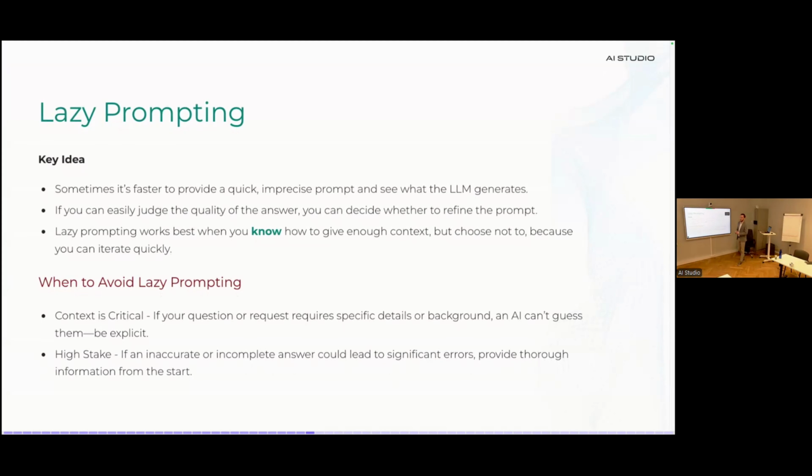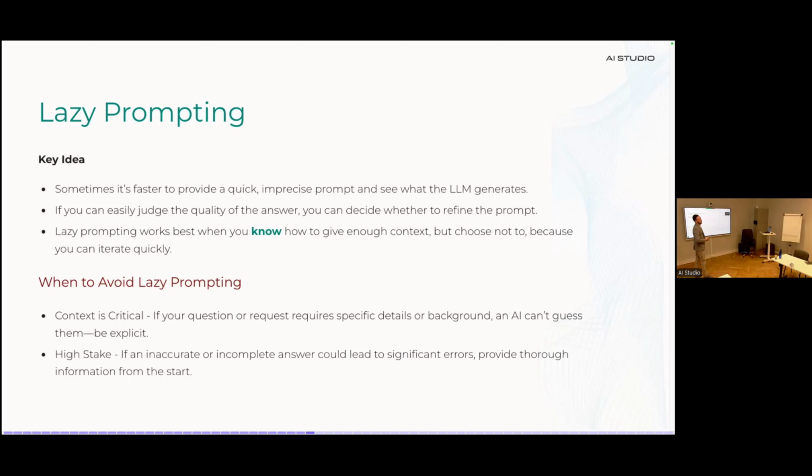Another way is lazy prompting. We are all lazy in a way, but it only works when you can iterate and understand whether the output is good or not, and just iterate more and more until you get the answer. That's sometimes even faster for IT, especially, you don't have to explain exactly what it has to do.